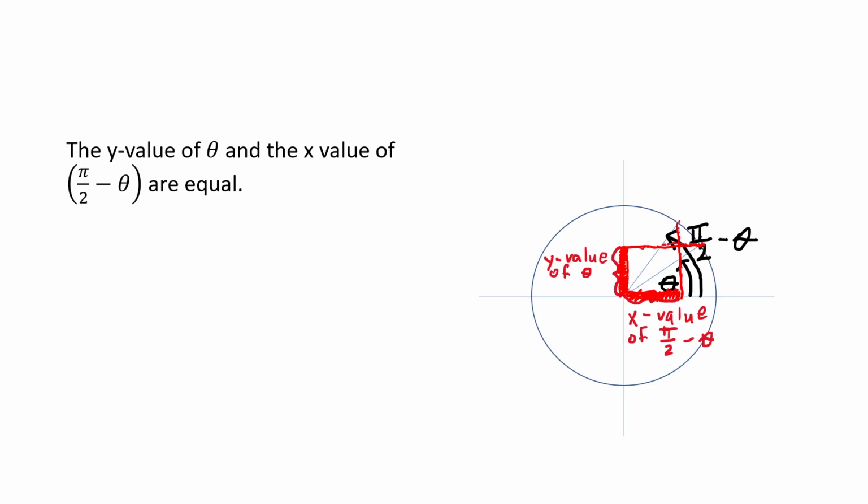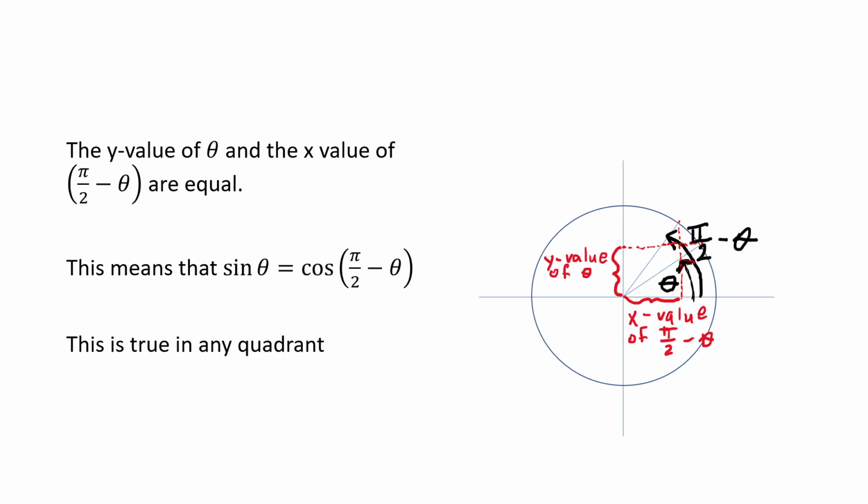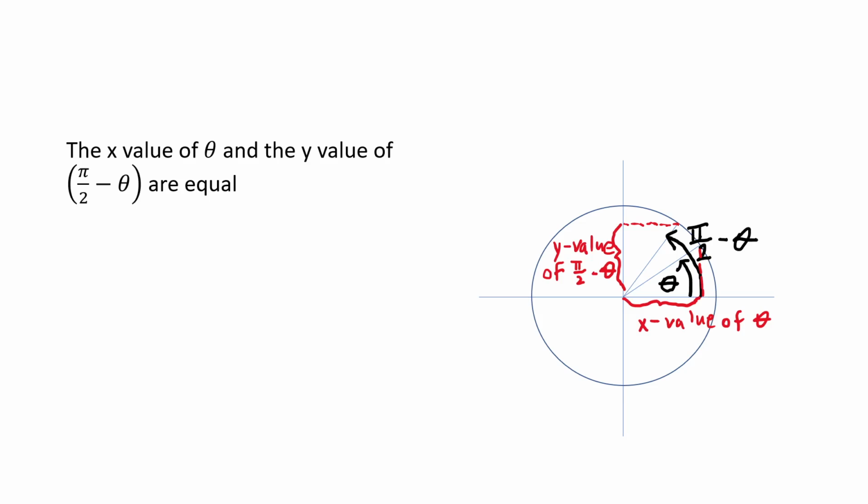And what we're saying here is that, based on the symmetry of a circle, the x value of pi over 2 minus theta will be equal to the y value of theta. Well, that is code for saying the cos of pi over 2 minus theta will equal sine theta. And of course, it works the other way as well.